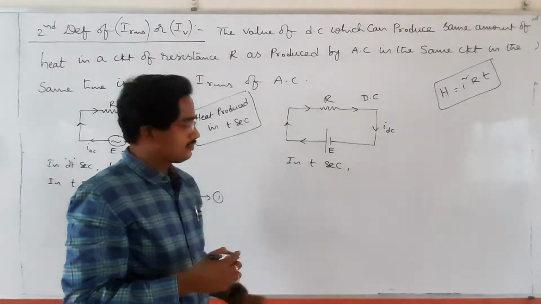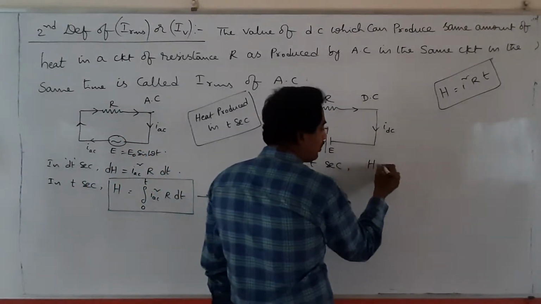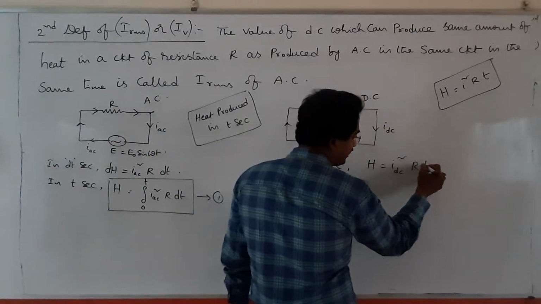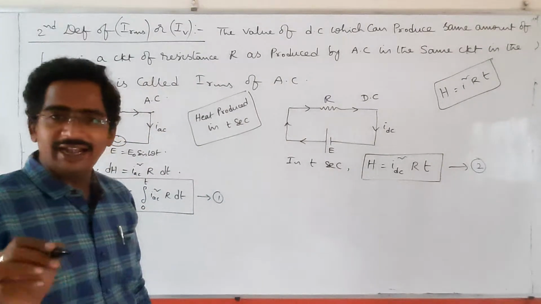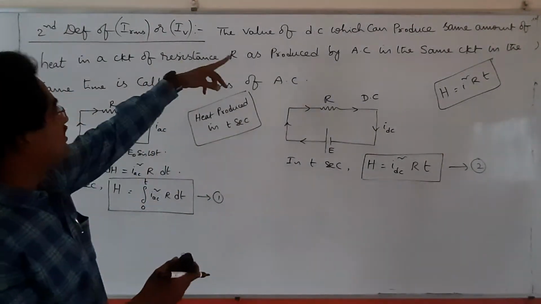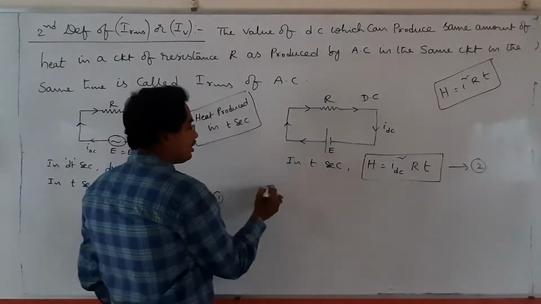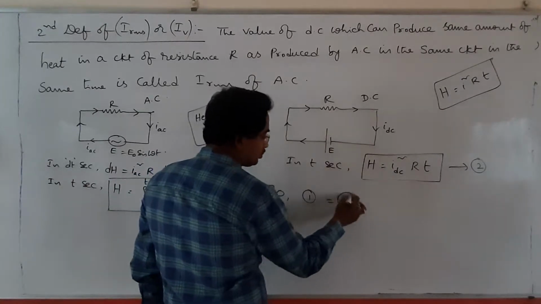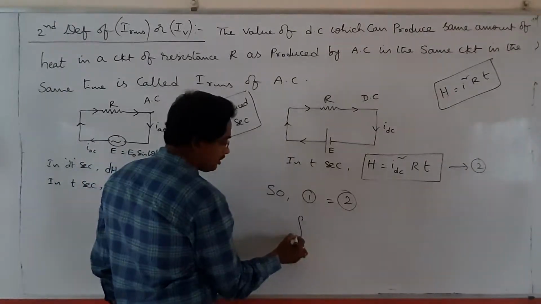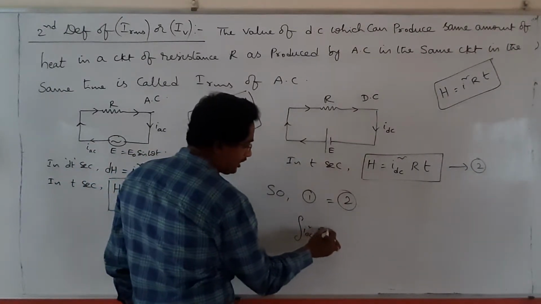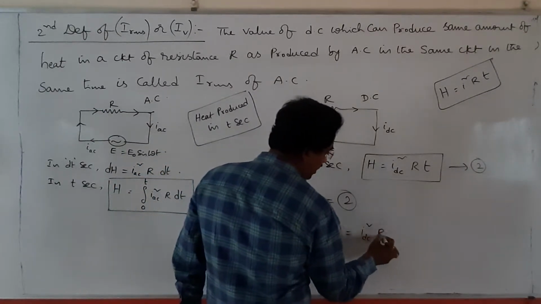In this circuit, the heat produced in T seconds is H equals IDC square RT, called the second equation. Now, the definition says the heat produced in both is the same, so equation 1 equals equation 2: the integral from 0 to T of IAC square R dt equals IDC square RT.